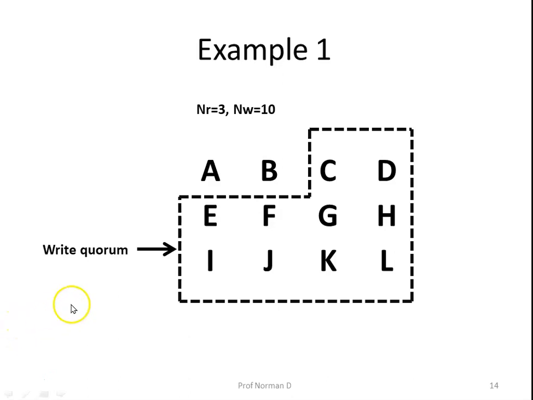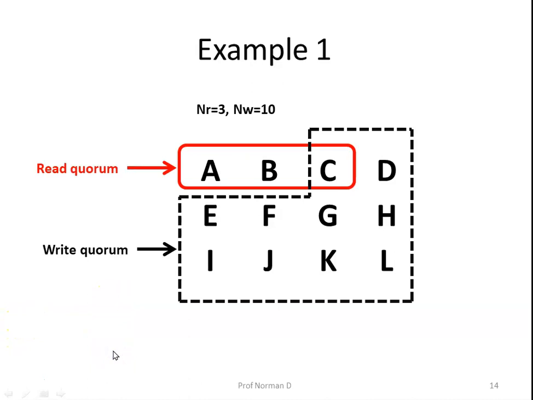Now any subsequent read quorum of 3 servers will have to contain at least one server from the write quorum. So when the client wants to perform a read and looks at the version numbers of A, B and C, it will know which is the most recent one and take that particular recent file.